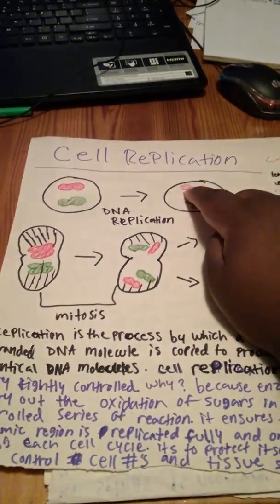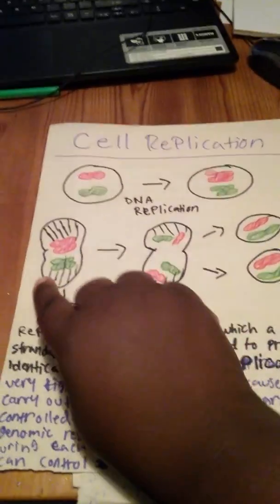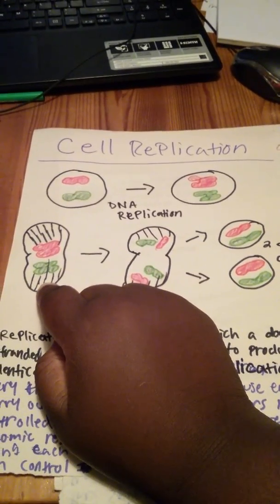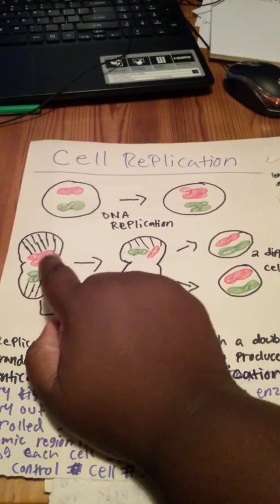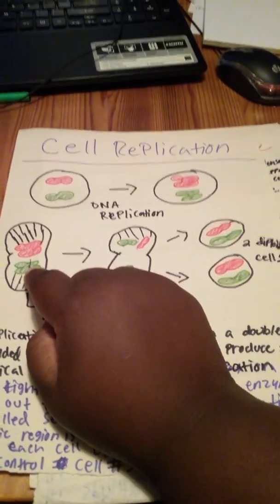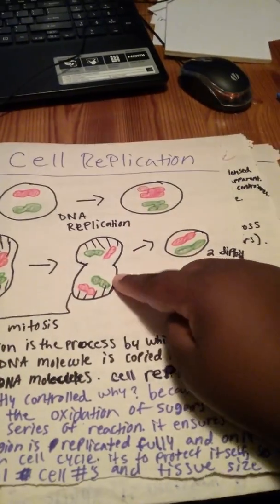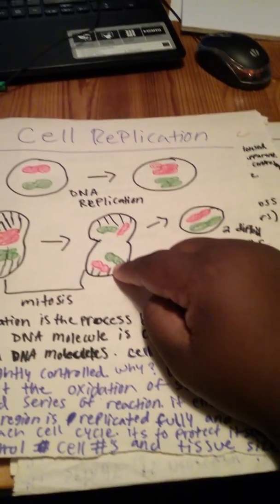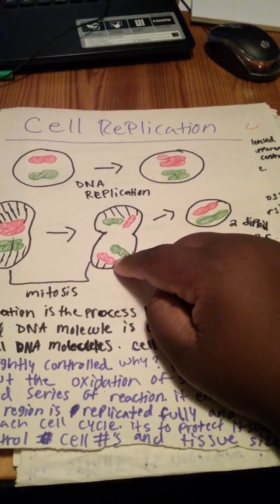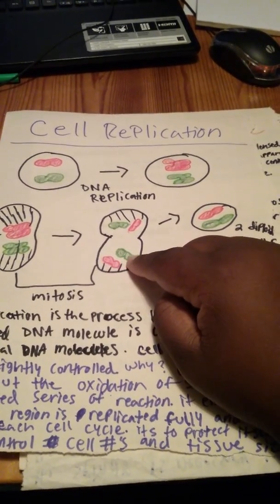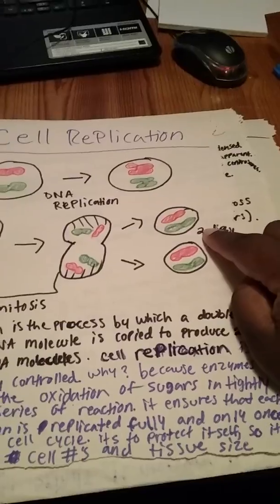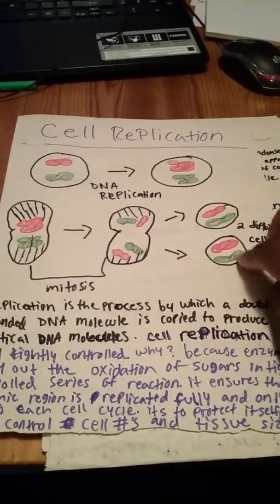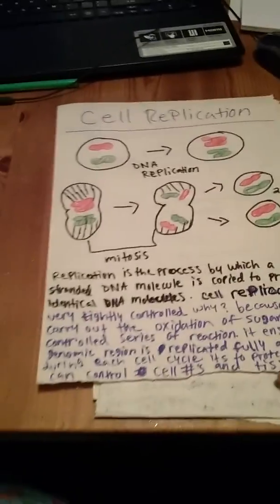This would be like the mother's, and this would be like the father's. Then the spindle fibers attach to the chromosomes, and then it goes into mitosis, where the spindle fibers separate them, so you have a mother and a father, and then it goes into two diploid cells, which are like these two. So you have your mother and your father in each.